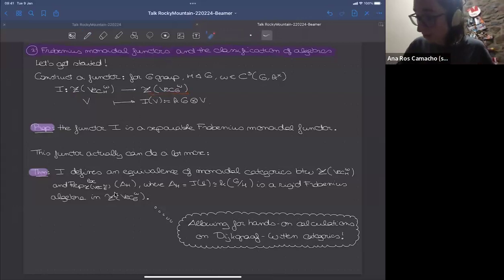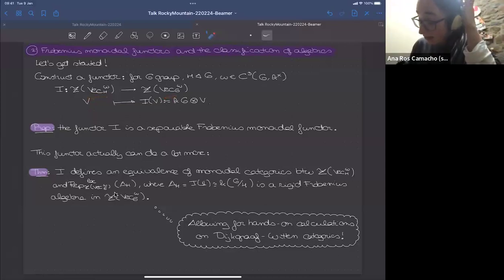Done. Something this simple was actually super effective, because we proved that this is a separable Frobenius monoidal functor. Not only can it bring you from this smaller category into the bigger one, but it also gives you something more.